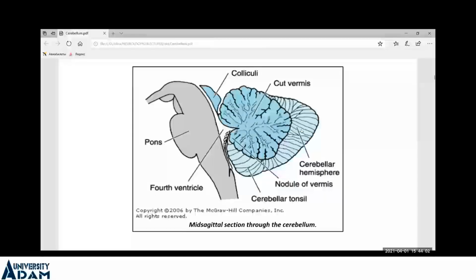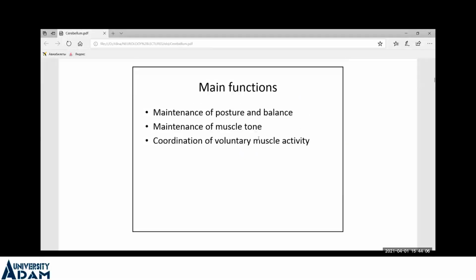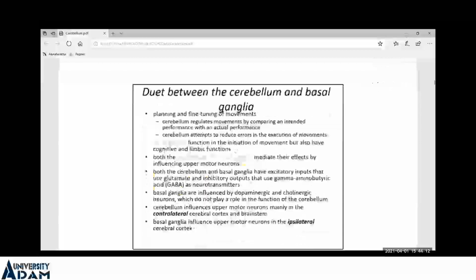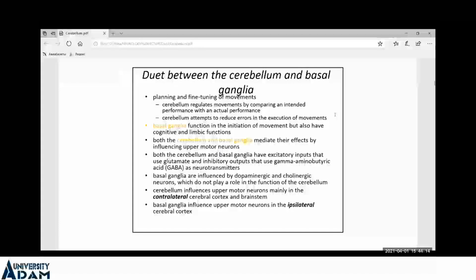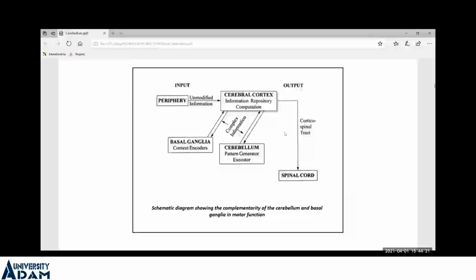This is a mid-sagittal section through the cerebellum. Main functions: maintenance of posture and balance, maintenance of muscle tone, coordination of voluntary muscle activity. So guys, now we will talk about the basal ganglia. Let's take a look at this picture.